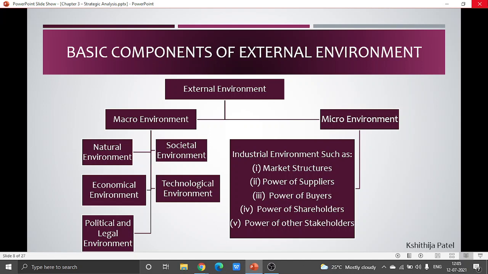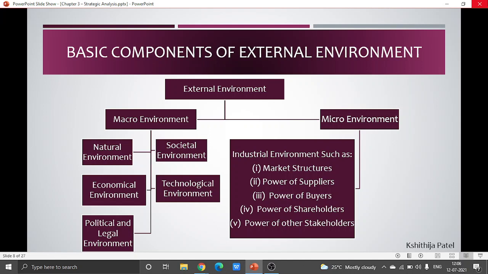Whereas micro environment consists of those factors specifically which affect an industry. So the first one that we have is macro environment.